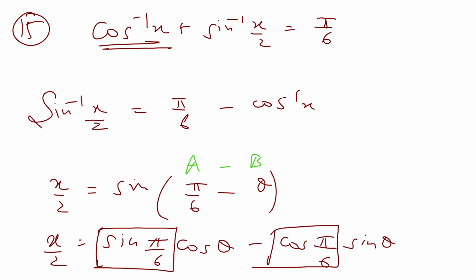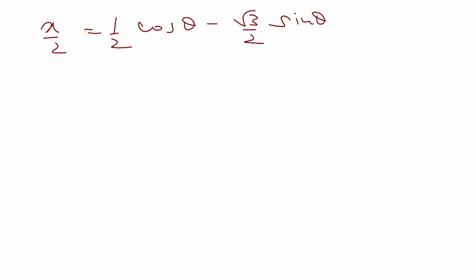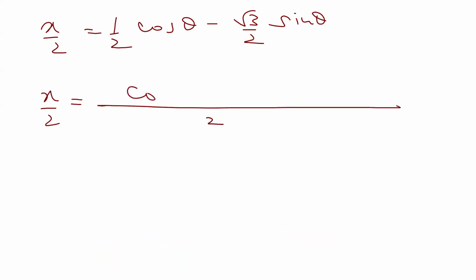Sine 30 is going to be half and cos 30 is going to be root 3 by 2. So x by 2 equals half cos theta minus root 3 by 2 sine theta. So x by 2, take LCM: cos theta minus root 3 sine theta over 2.